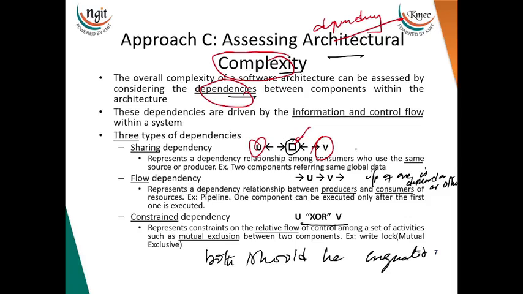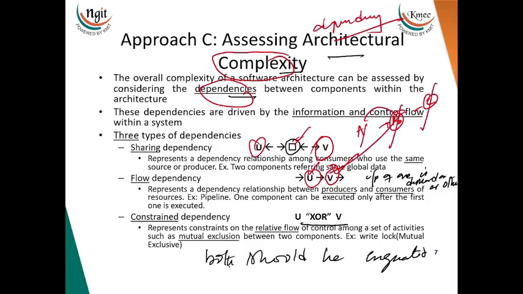Flow dependency: the output of one is also the input of another. If this output gets delayed, the next will also get delayed. For A, B and C, C depends on B and B depends on A; if anything is delayed at A, then B and C will be delayed. This is flow dependency.